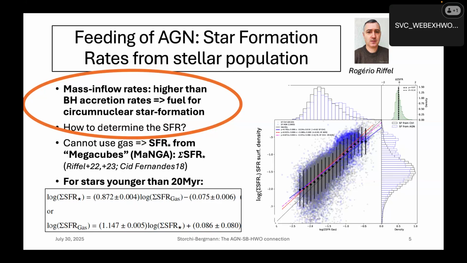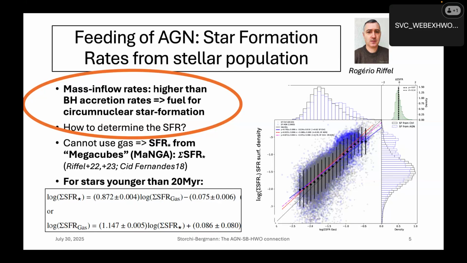So in a work led by Rogério Riffel, he obtained the star formation rate from the synthesis of stellar populations. From stars younger than 20 mega years, you can calculate a star formation rate. We found a correlation between the star formation rate from stars and the star formation rate from the gas. So we can use the stellar population to obtain star formation rates in AGN.